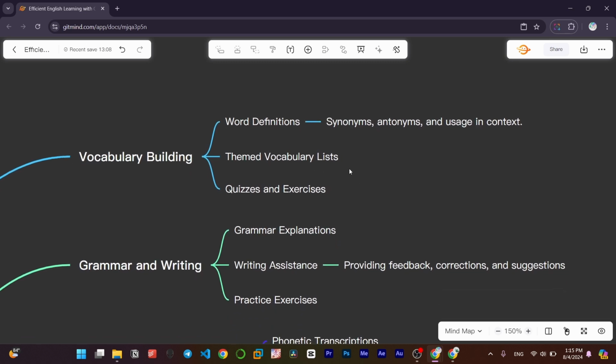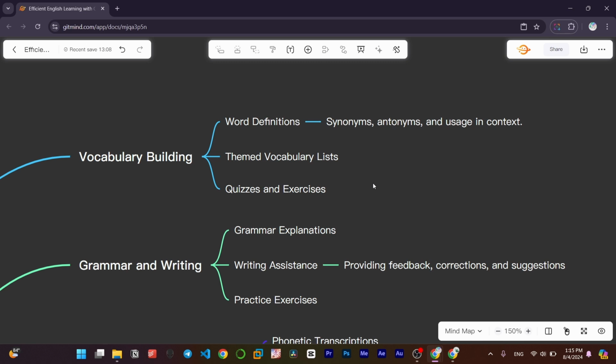Another important point is themed vocabulary lists. This is really helpful for daily conversation, and it could be great and useful for students or people who are looking forward to taking the IELTS or TOEFL exam or other international English exams.